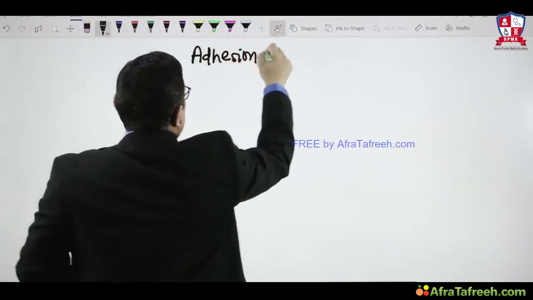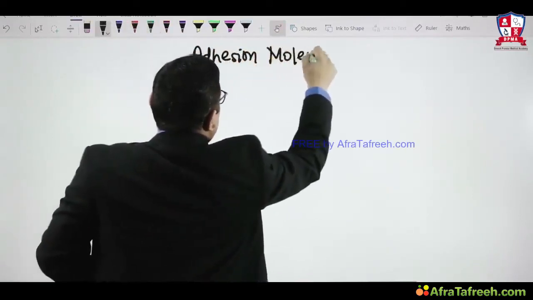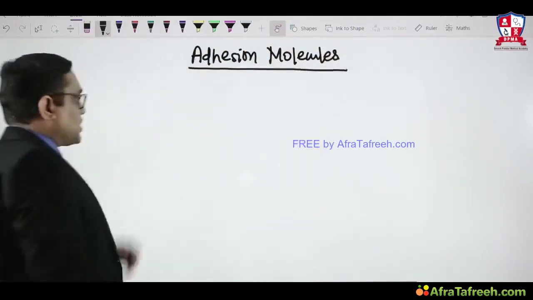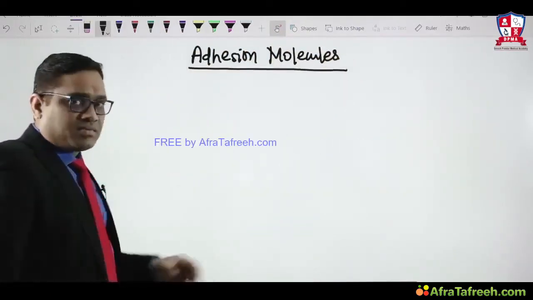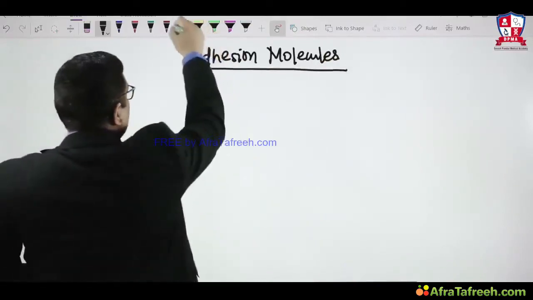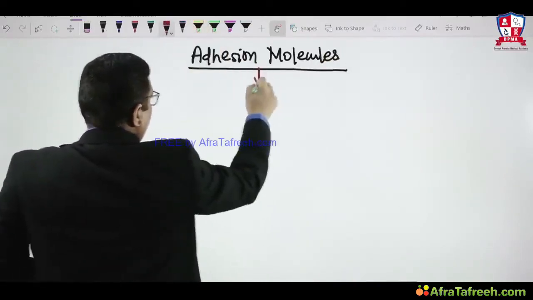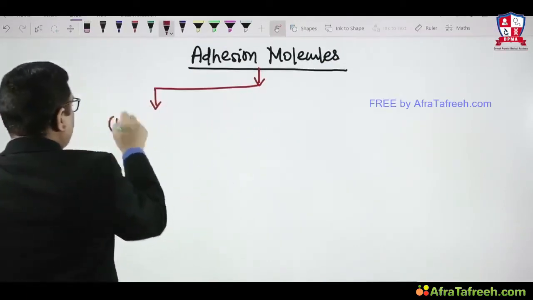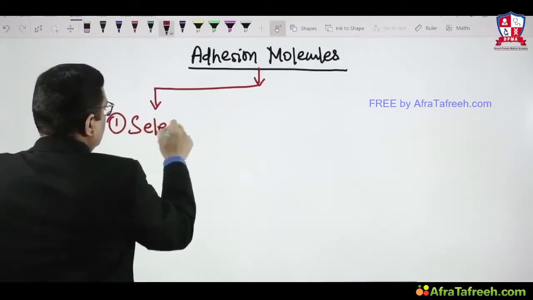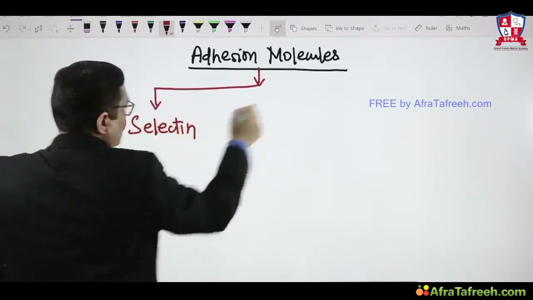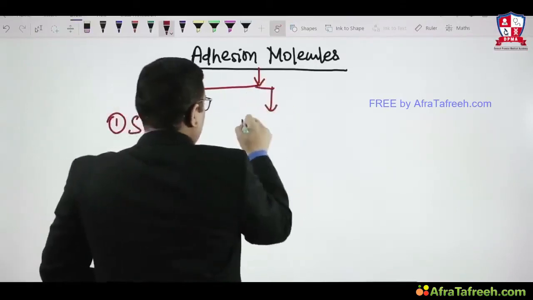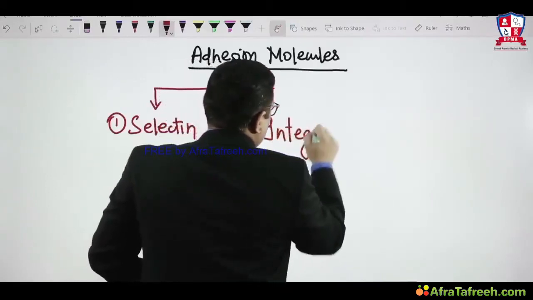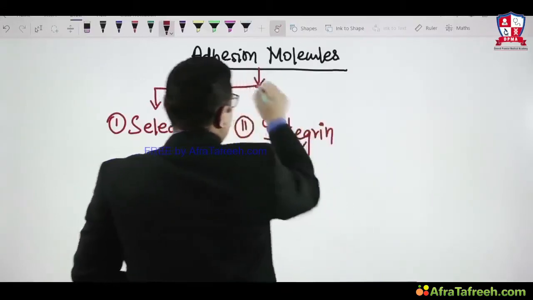Adhesion molecules are important in inflammation. So what are the adhesion molecules? We can divide them into the following 4 families, right? Number 1 is called selectin adhesion molecule. Second is known as integrin adhesion molecule. So selectin, integrin.